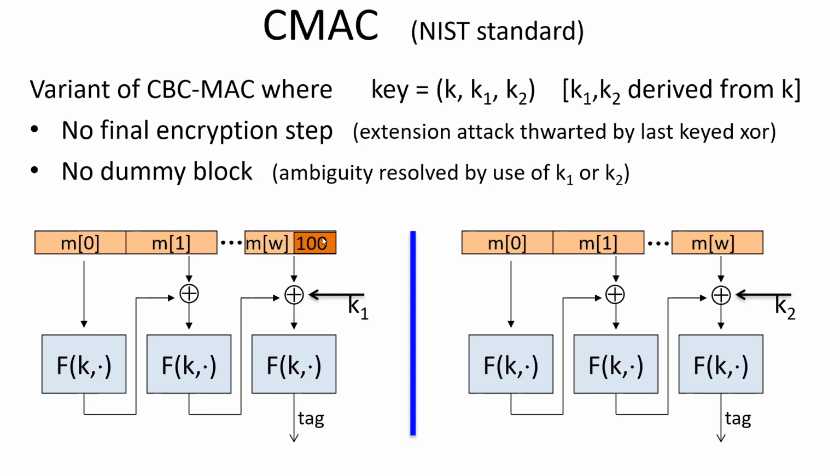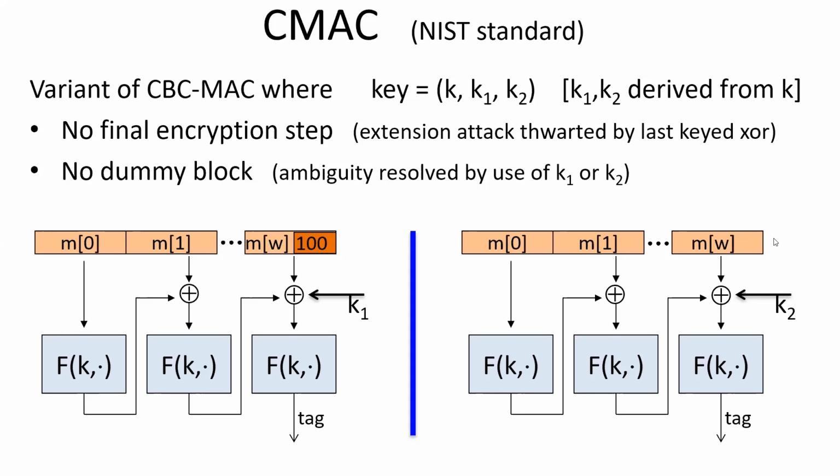The other thing is that in a standard operation, when a message is padded with 1 and a bunch of zeros, this extra key is called K1. And how do we avoid this dummy block where, if my message ends exactly at the block size boundary, in a standard way I would have to run this with one more block?